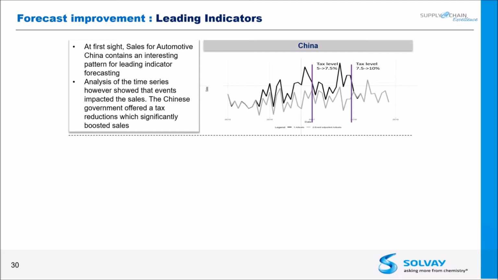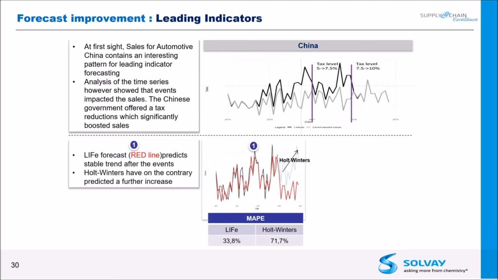And you can see clearly here that when they announce that there will be an increase in the tax, sales increase a few months before, because we will register additional cars anticipating the higher cost. And this market is really made out of a number of events.